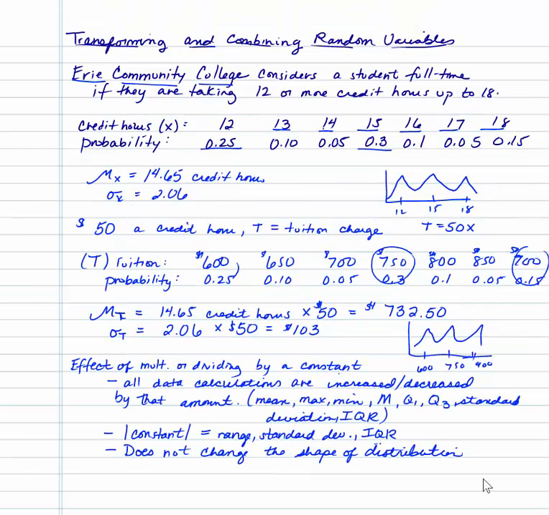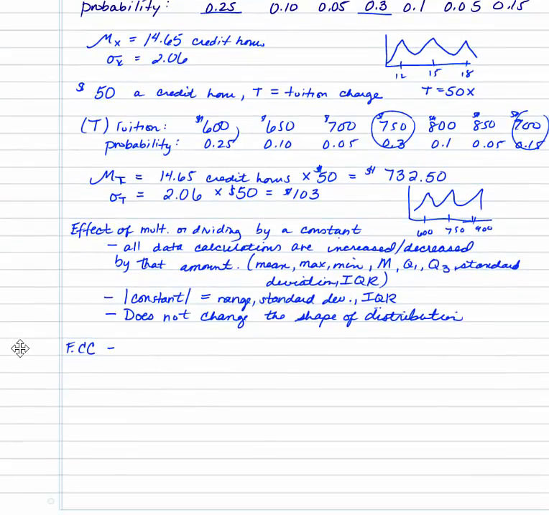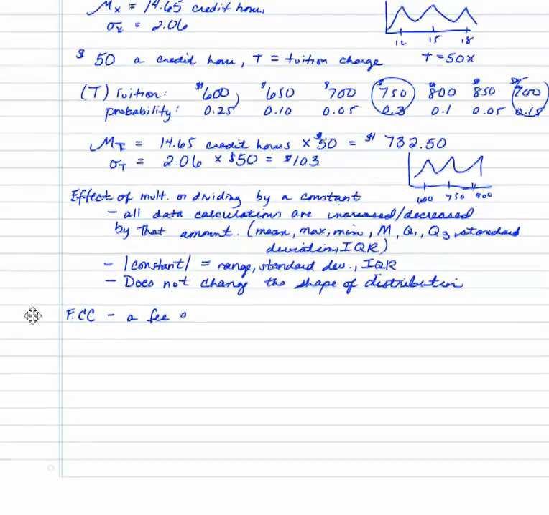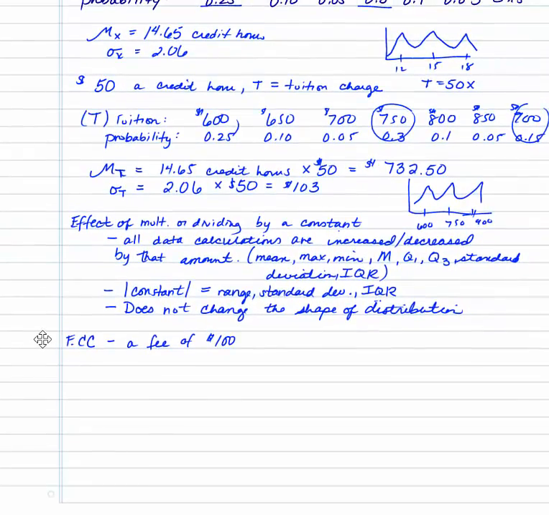So let's do an example where, let's say, at ECC, a fee of $100 is added to the tuition for an overall cost of C. So technically, to find C, we would take whatever the tuition was and add $100 to it.